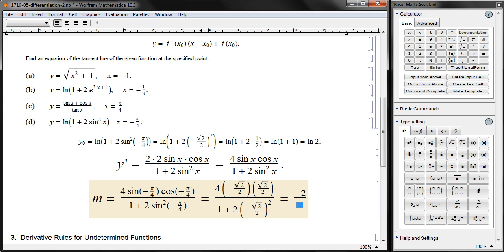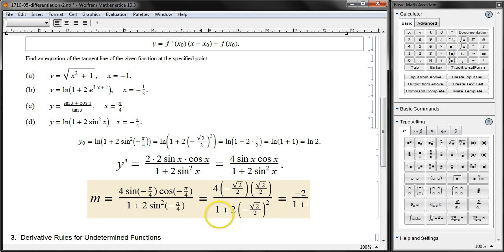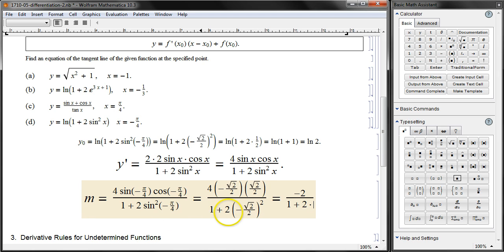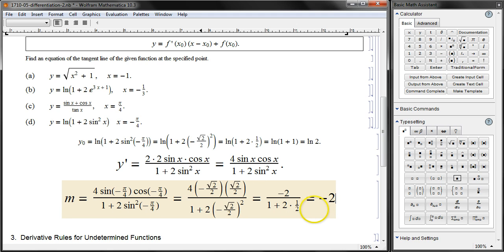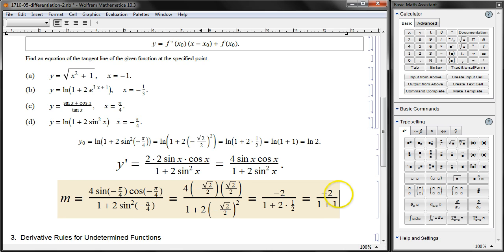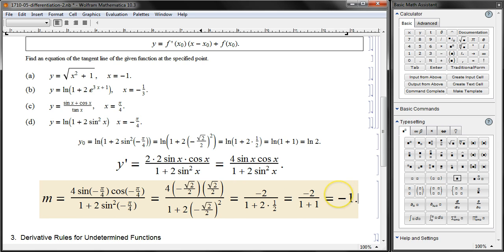How about the denominator? 1 plus 2 times, and then this is 1 over square root of 2 squared, so this is going to be 1/2. So negative 2 over 2. The slope is negative 1.